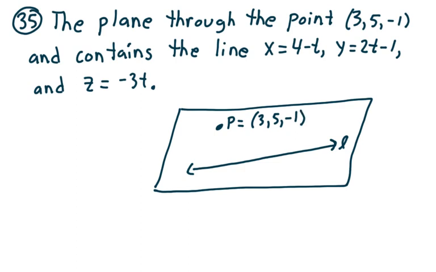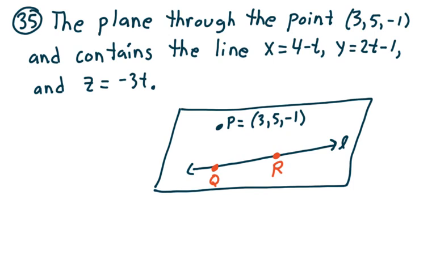Now, you might view this as a different question than 32, but I view it as the same question, because what I'm going to do is pick 2 points, which we'll call Q and R, on the line. I don't care where Q and R are located. I just need 2 random points on that line.